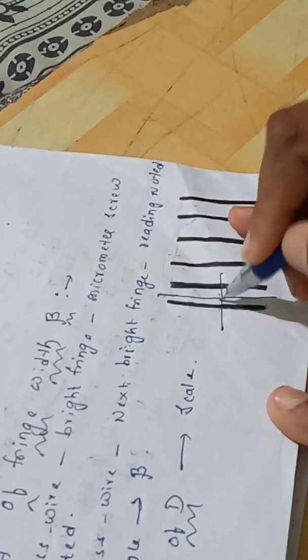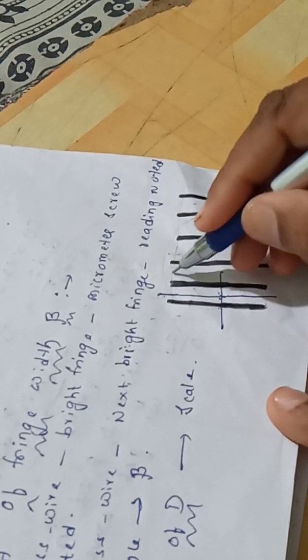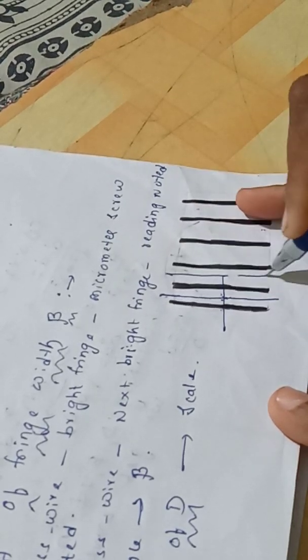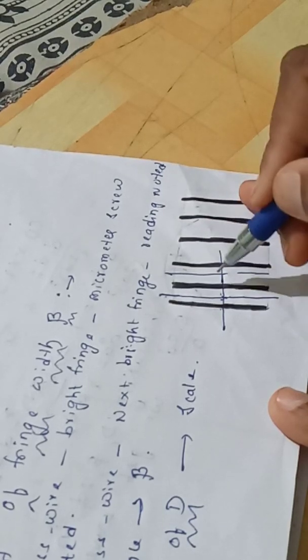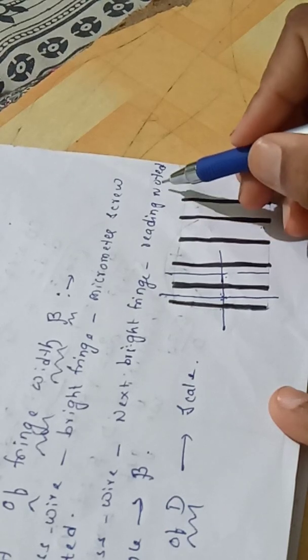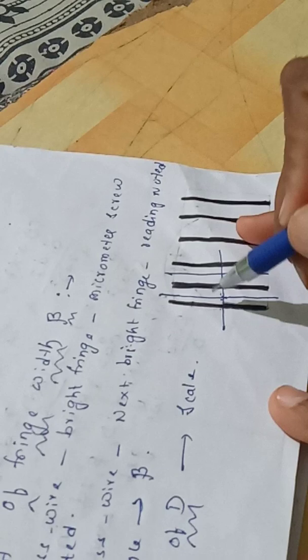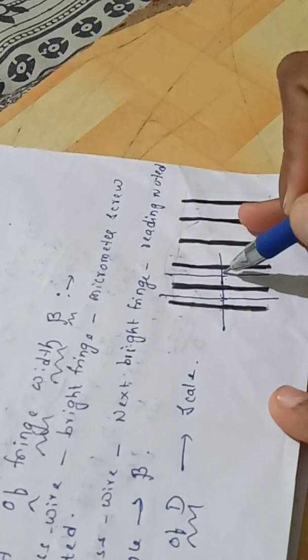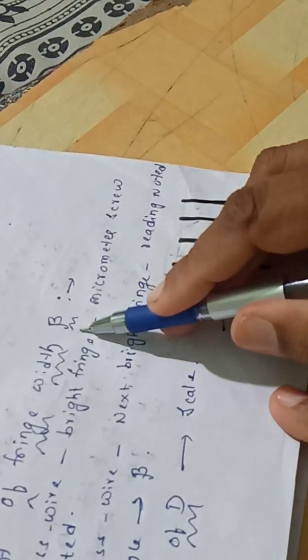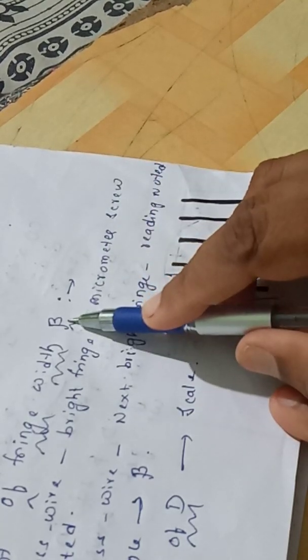We will note the micrometer screw reading, and again we will move and adjust the crosswire on the next successive bright fringe, and again note the micrometer reading. The mean value of these two readings gives the value for beta. So in such a way we will calculate beta.